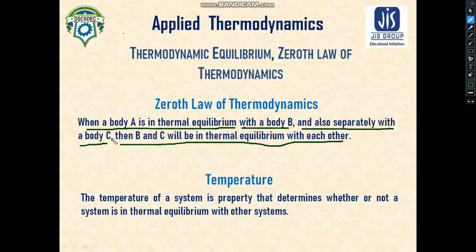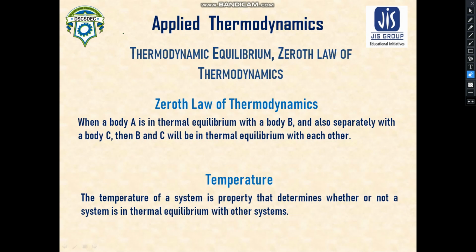But from the perspective of thermodynamic equilibrium, temperature can also be defined separately, which is given here. Temperature of a system is a property that determines whether or not a system is in thermal equilibrium with another system. So this becomes very important. The concept of thermal equilibrium becomes very much important to define temperature. Okay, so I hope you have understood all these things.